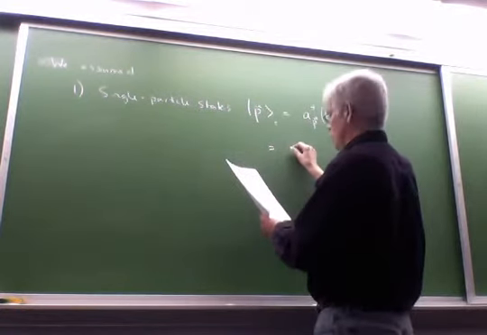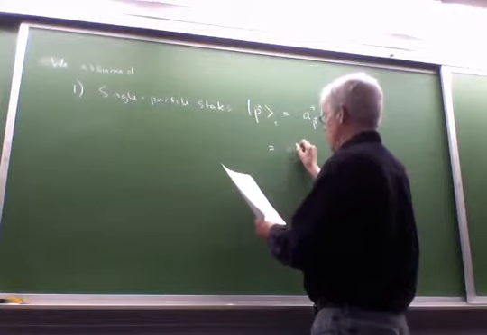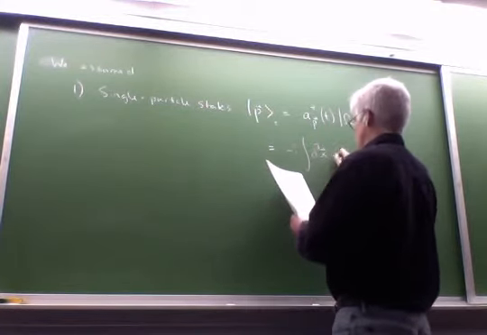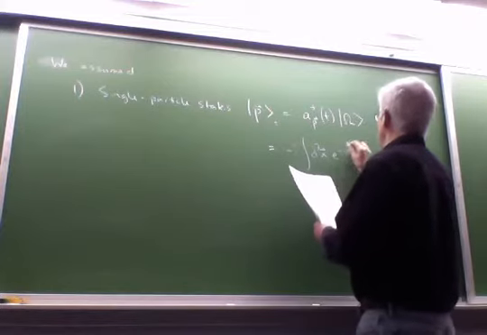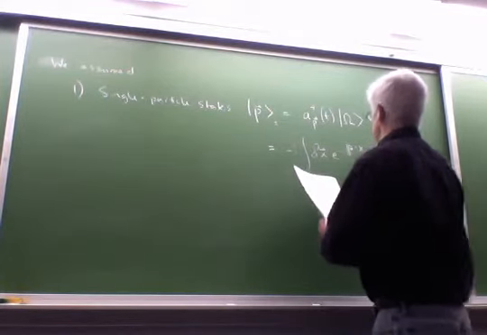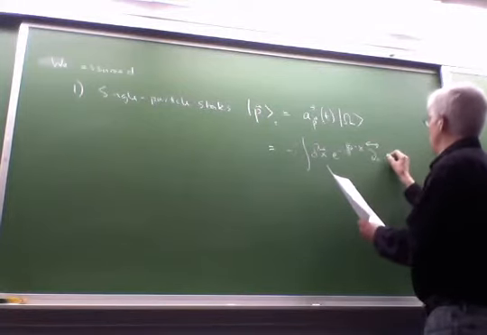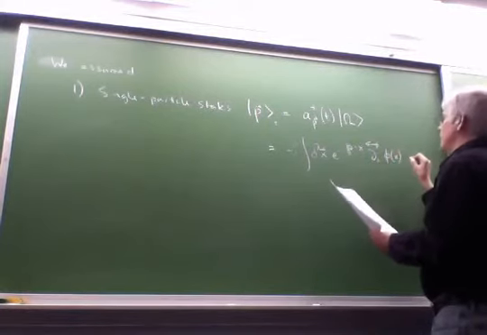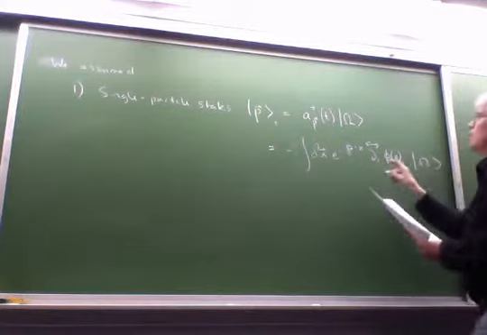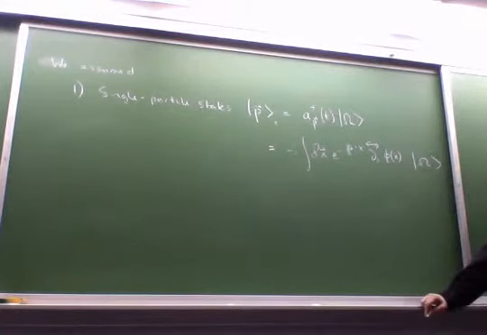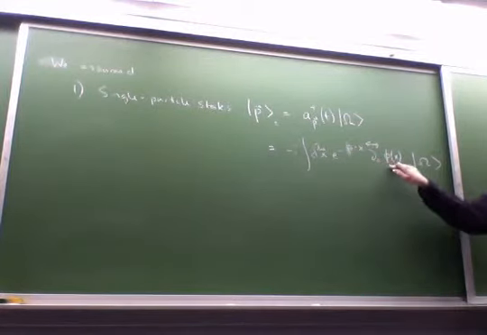So it's minus i integral d^3x e^{-ip·x} ∂_0 phi at x. That's the definition of this operator A dagger. I chose that because this is A dagger in the free theory.